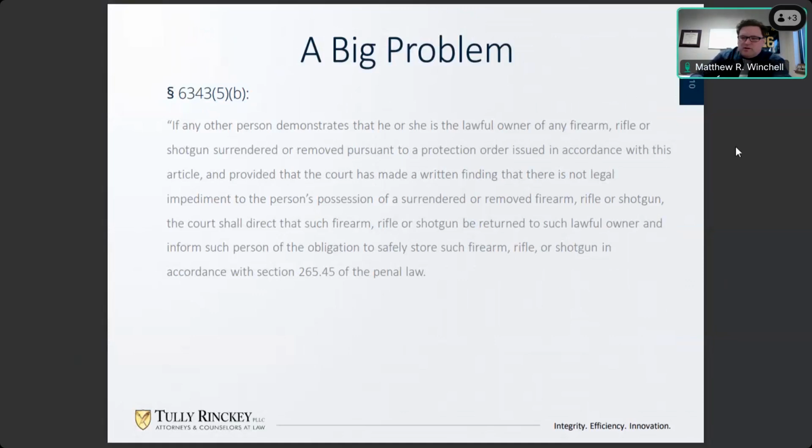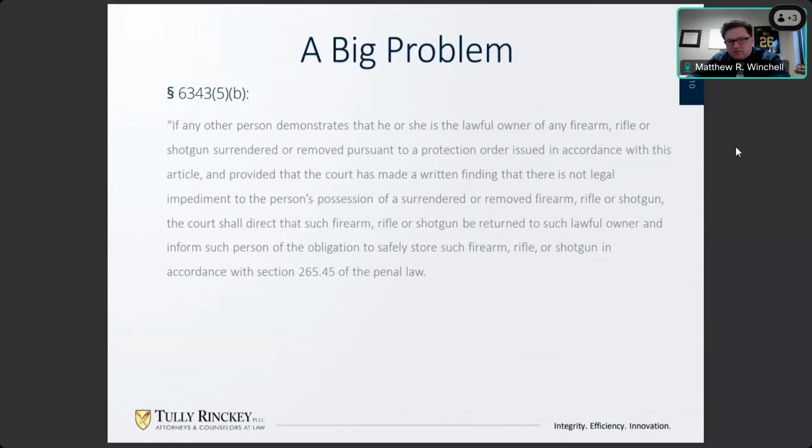So he hired me, and we had to go through this whole process with the county court and with Supreme Court. It ended up taking, I think, about 4 months to get his guns back to him. We had to go to the Supreme Court and say that his guns were wrongly taken. He did nothing wrong. He was not the subject of an extreme risk protection order.